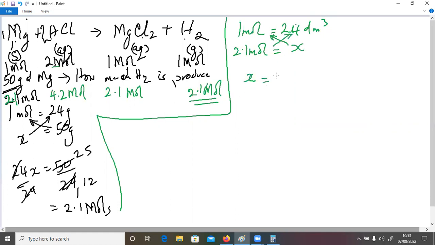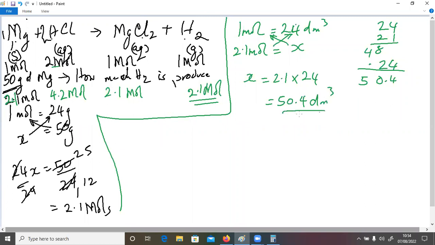I'll get x equals 2.1 multiplied by 24, which gives us the volume of hydrogen that was produced. Okay, so far so good.